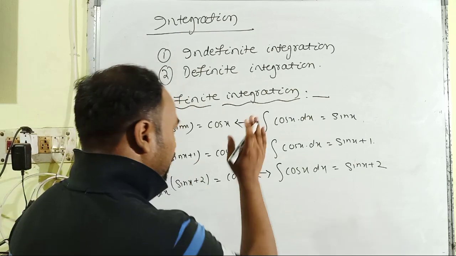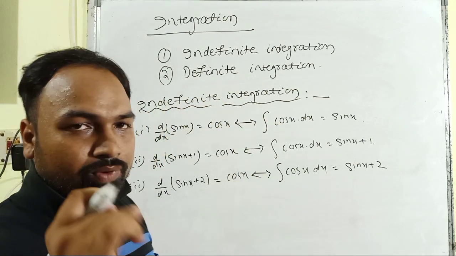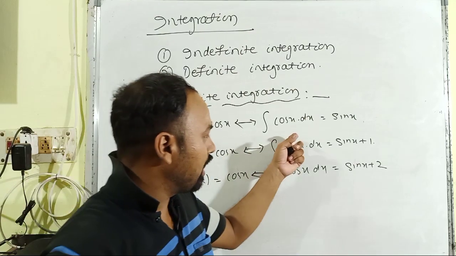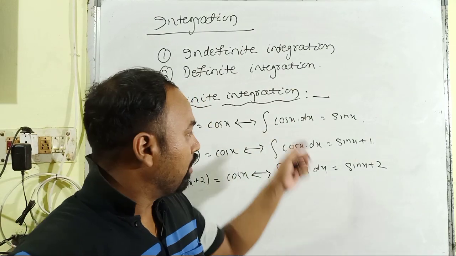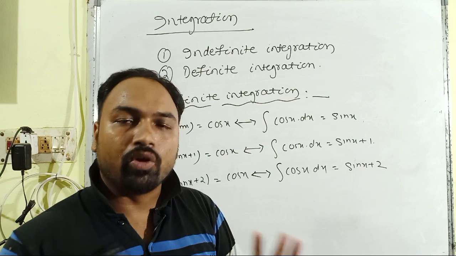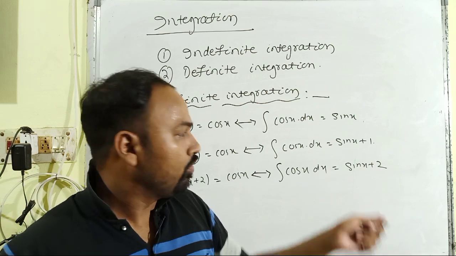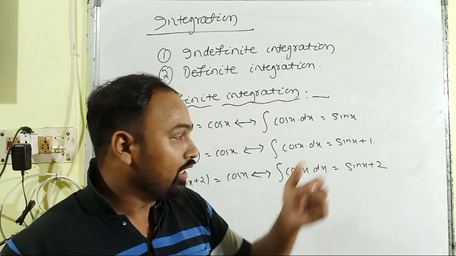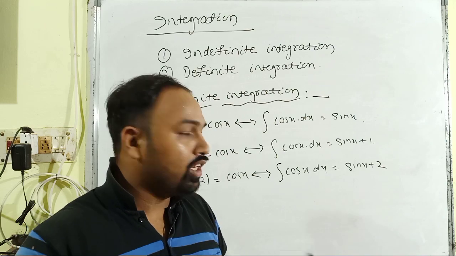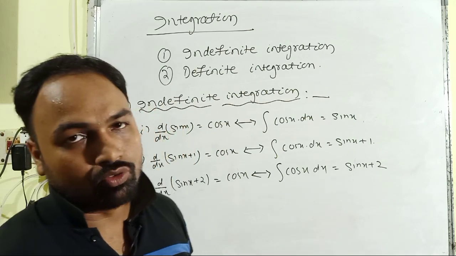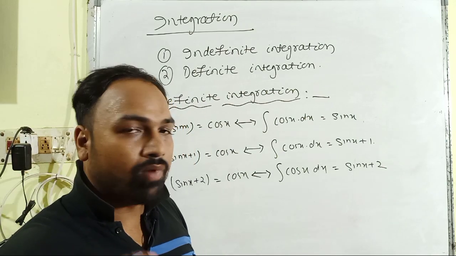But in this case also, as for the previous cases, you can see that the integral of cos x dx is not unique, that means the results are different from each other, and it can have infinite number of solutions or infinite number of integrals.